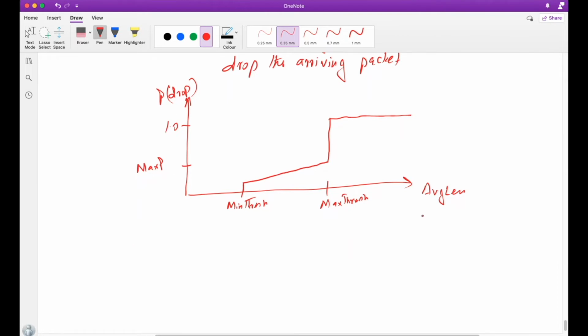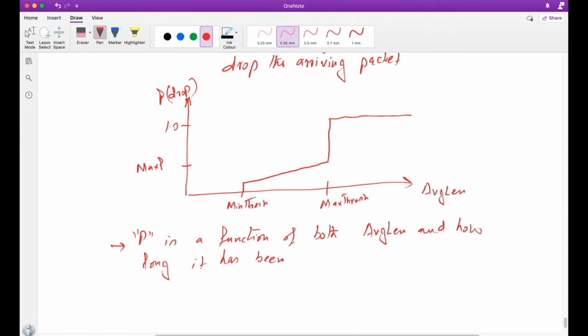Why? Because this will help us make sure that the packets are not dropped in clusters.